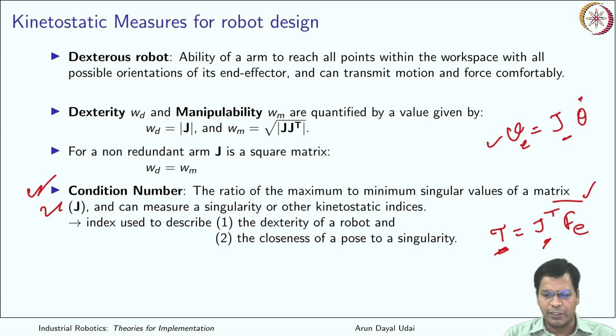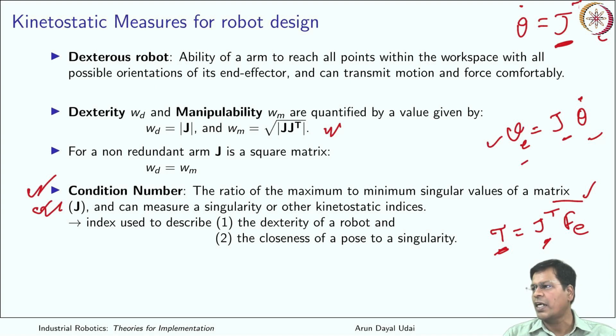We'll try to formulate it better now. For now you just take it that J is the measure that can give you that. So the determinant of J used to give me this one. Now if the determinant is close to singularity, you cannot relate these two, because in order to find theta dot you have to find the inverse of J. The inverse is possible only when the determinant of J is nonzero.